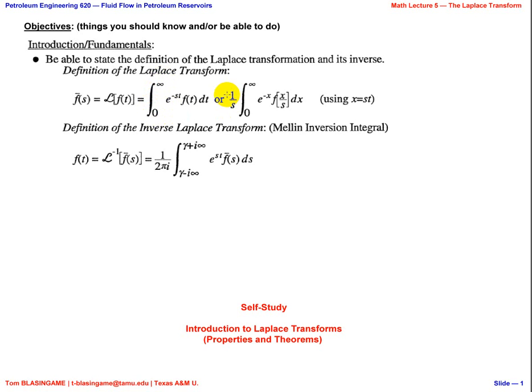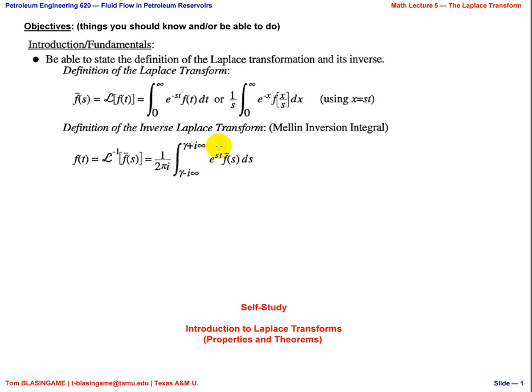But the inverse Laplace transform is quite more complex because it involves integration in a complex plane. This guy over here is an imaginary number, right? So trying to do the inverse Laplace transform is most of the time impossible.